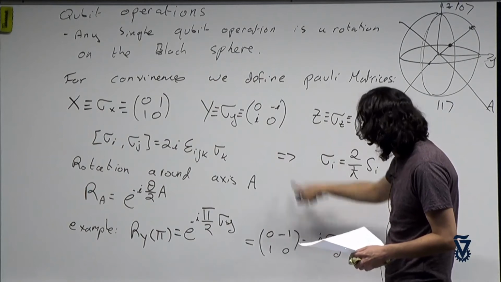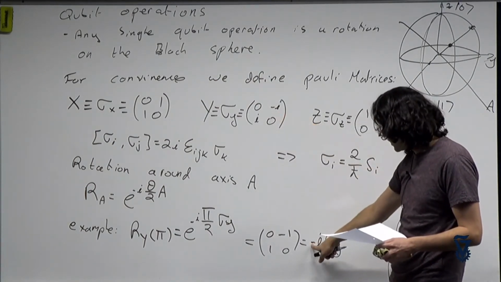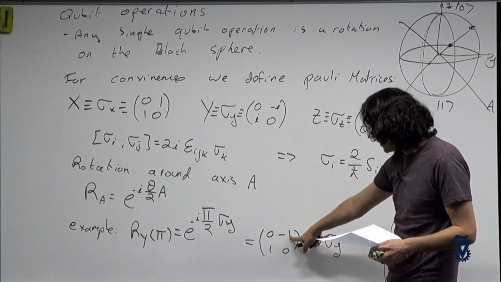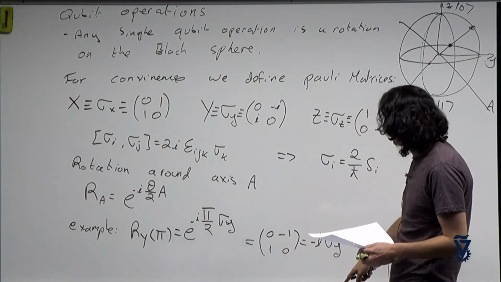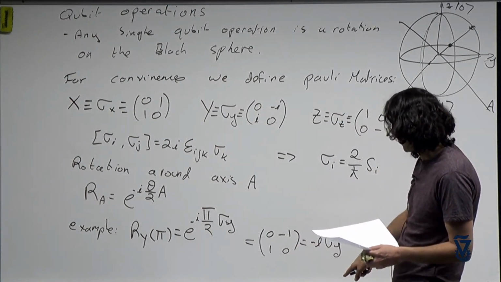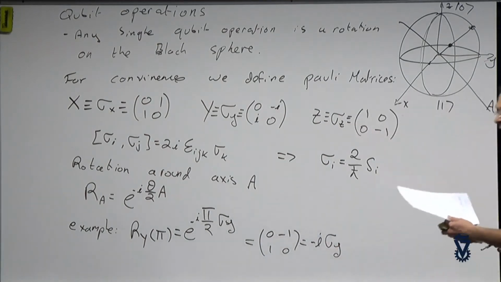If I just have i sigma y, then I get a plus and then a minus here, right? Yes, you need the minus. I need the minus, right? Okay, but I tend to make these mistakes. Minus signs are ubiquitous.